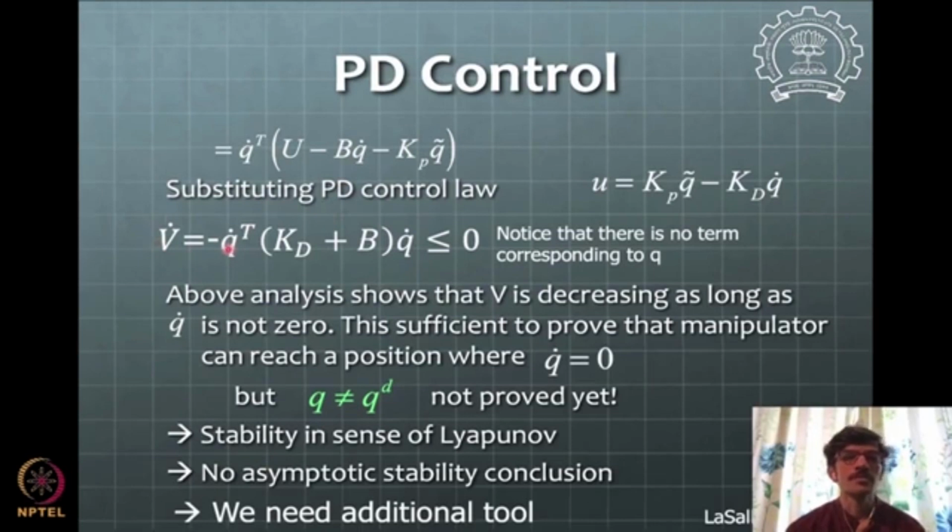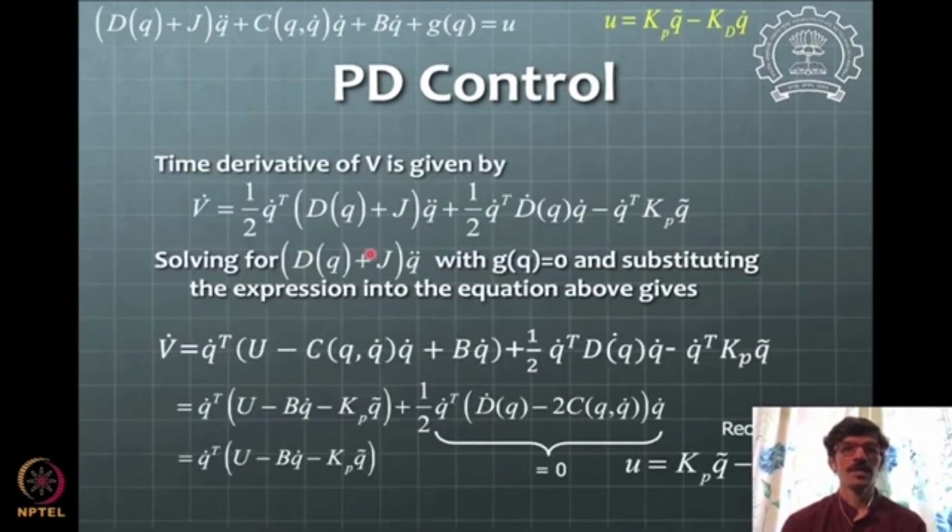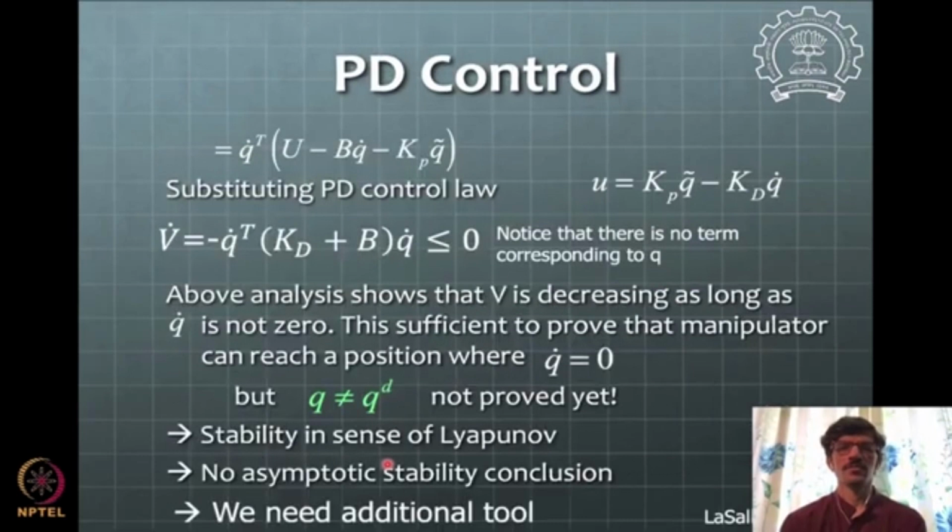V dot is equal to minus q dot transpose times Kd plus B q dot. Remember this Kd is a diagonal matrix, B is a damping matrix in the system that also can be a diagonal matrix here, and then you get this final expression.